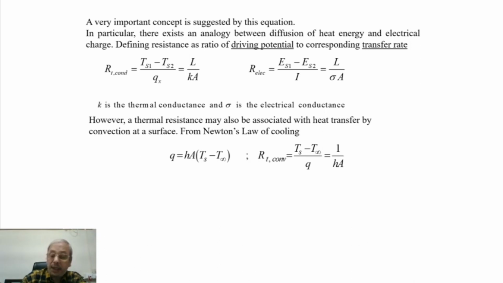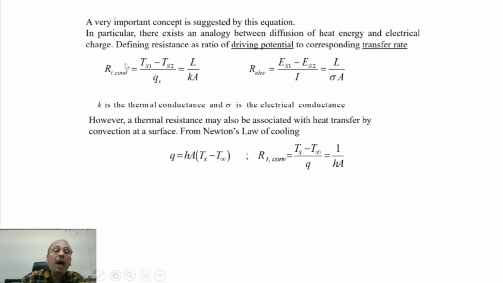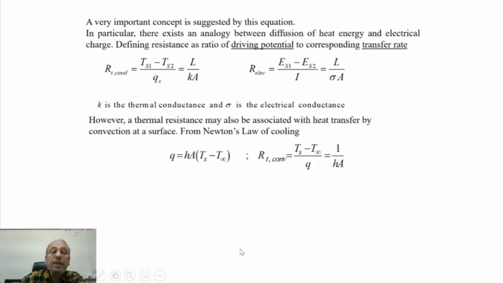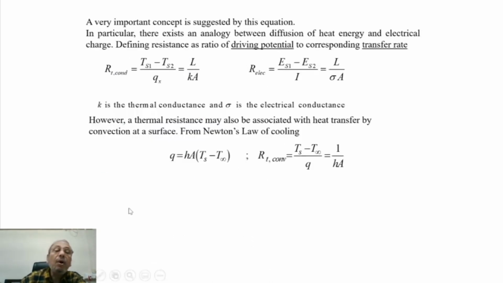So if we want to apply that, the resistance to conduction R_t is the potential, that is (Ts1 minus Ts2), divided by qx double prime, or qx if we want to keep area, that means heat transfer rate.